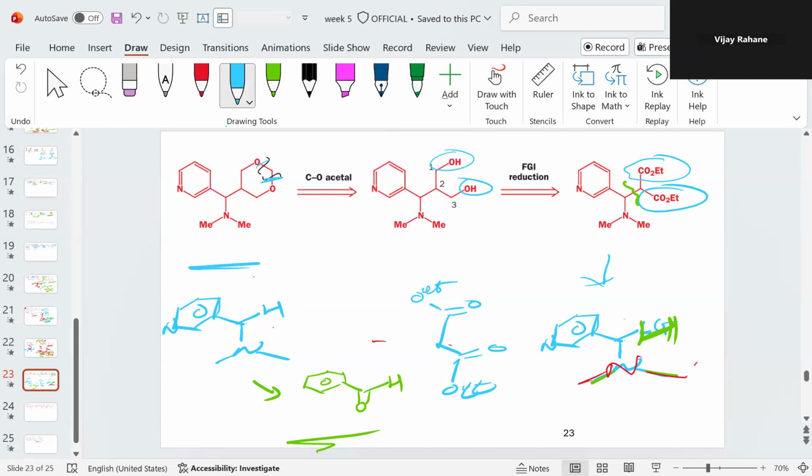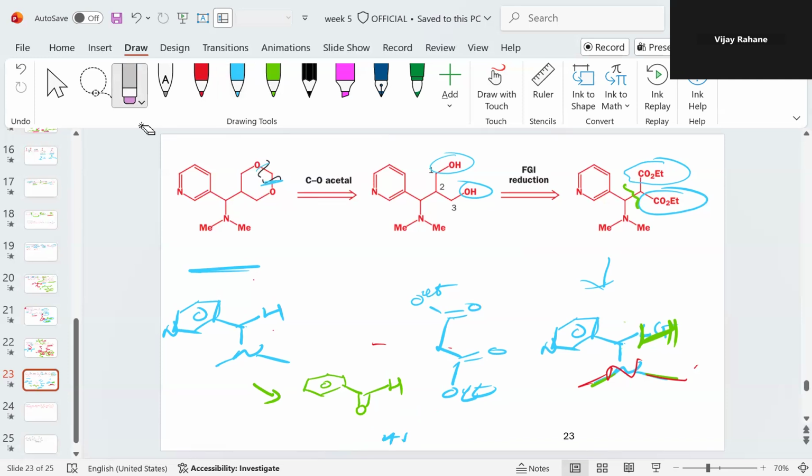We can break down this molecule into the ketone plus this dimethylamine, like this, and hydrogen, like this, normal N,N-dimethylamine. Because aldehyde plus amine, when they react, form the imine.